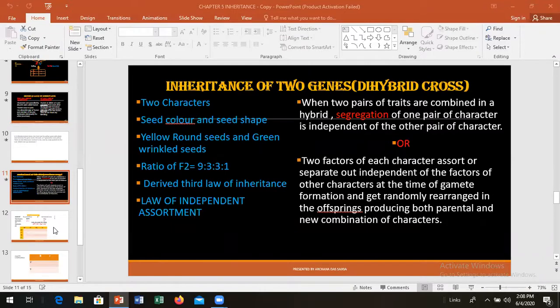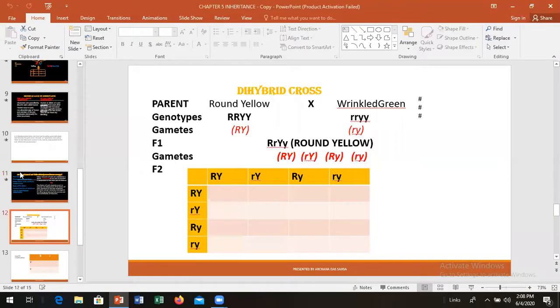Now let us see the cross in detail. This is the dihybrid cross, and this is how it worked out. The parents that he took, two parents. While starting the experiment, the first parent was one bearing seeds that were round and yellow.